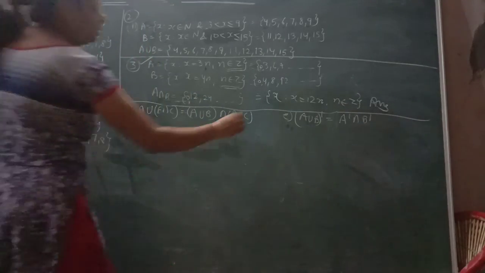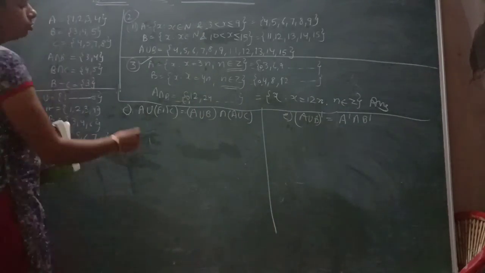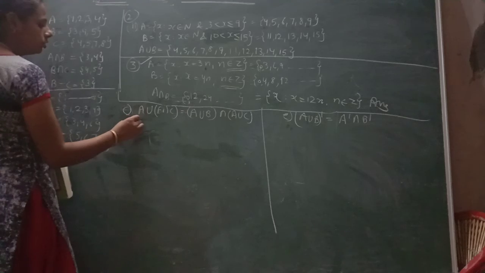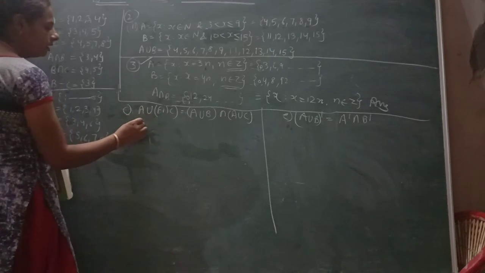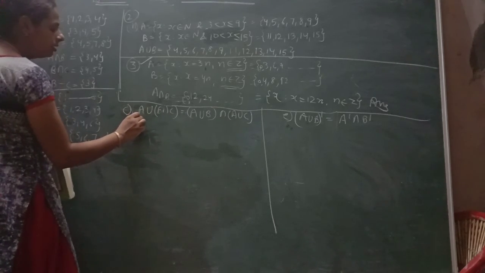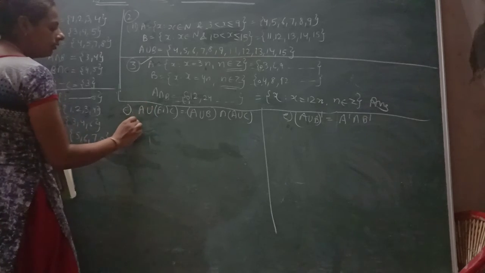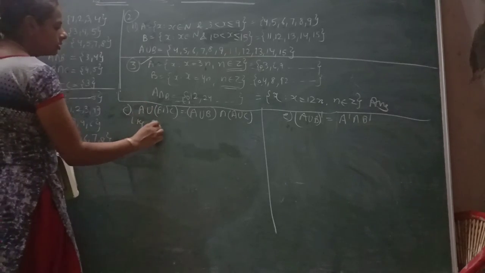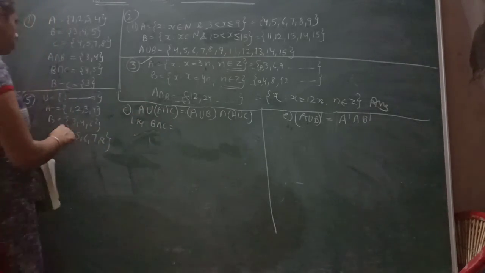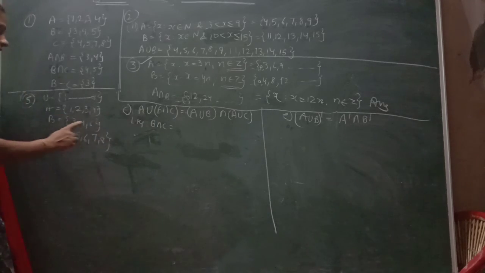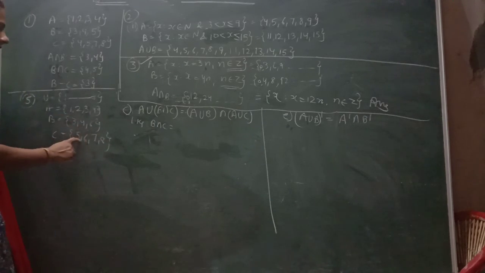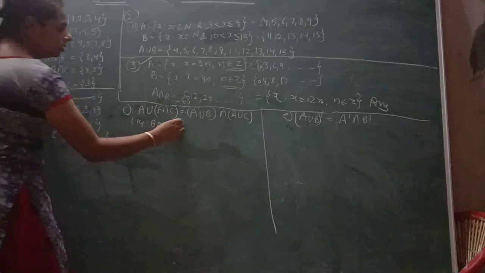Firstly, to solve it, show the left hand side, where A is already here, and find B intersection C. For the left hand side you have to find firstly B intersection C. And what is common in B and C? Intersection means common. So here you can see that 6 is the only common element.